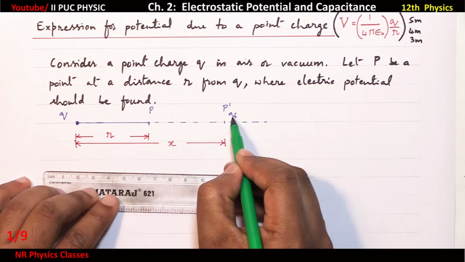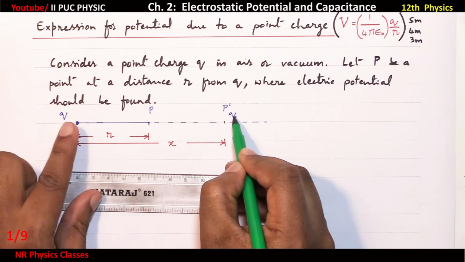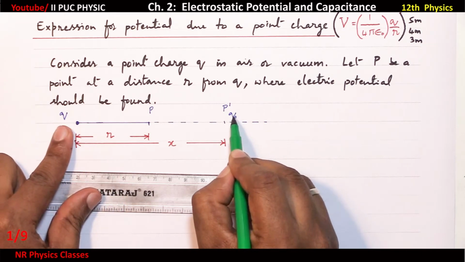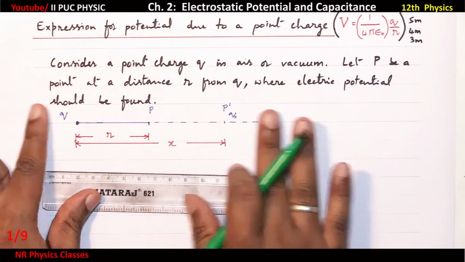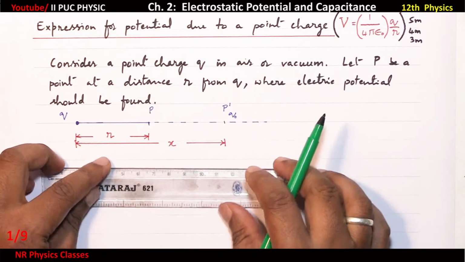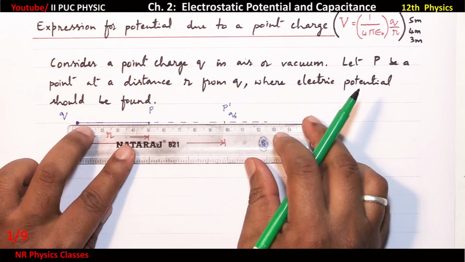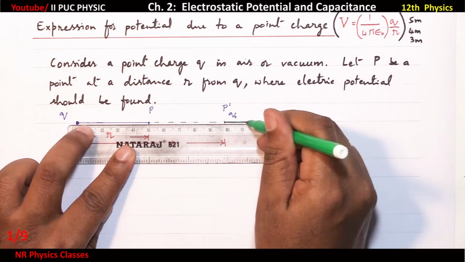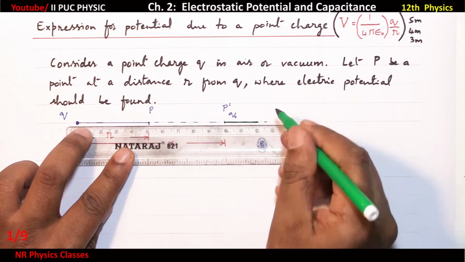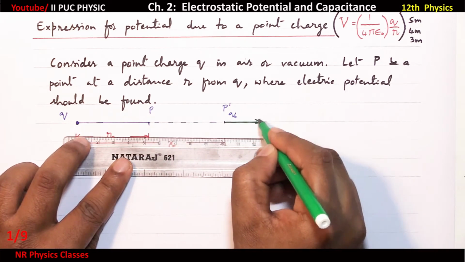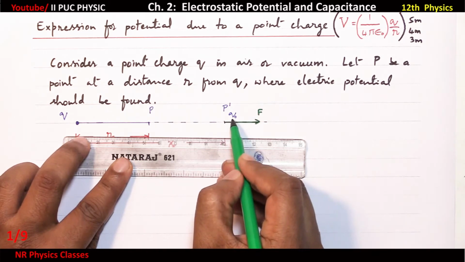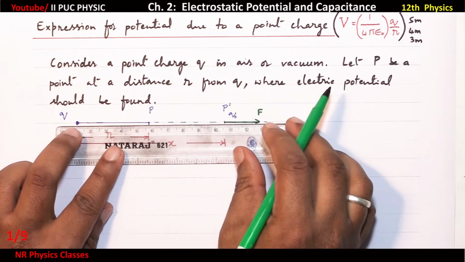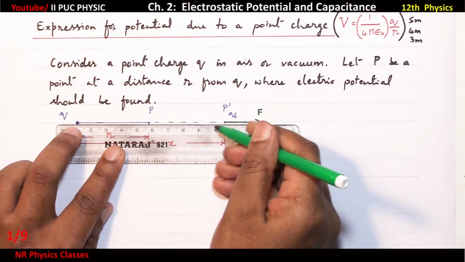This Q0 experiences a force of repulsion due to this charge, and the force of repulsion on Q0 is in this direction, repulsive force like this. This is the direction of the electrostatic force of repulsion, F. This Q0 is moved through distance dx towards the charge.